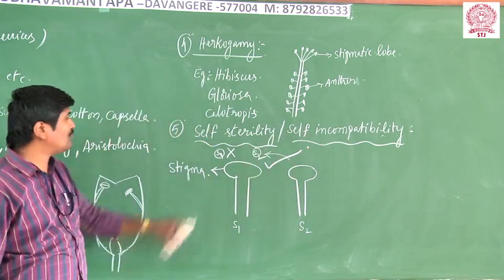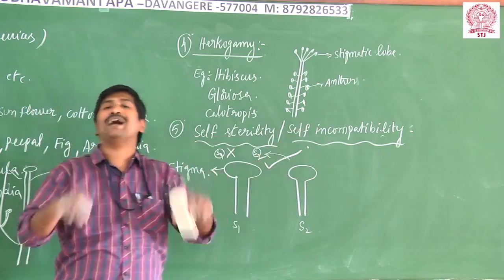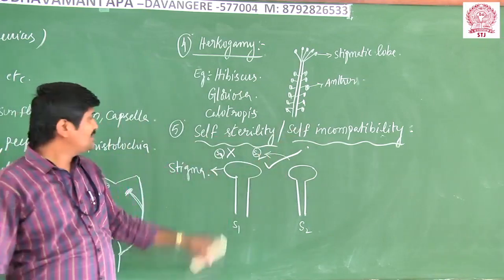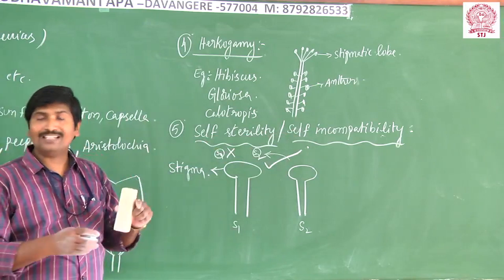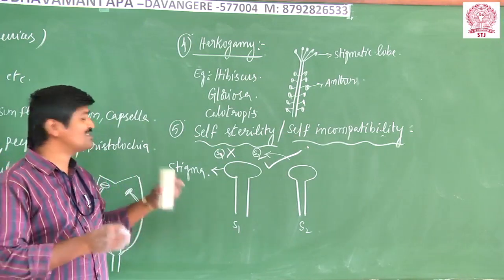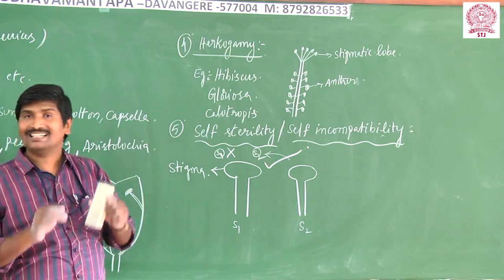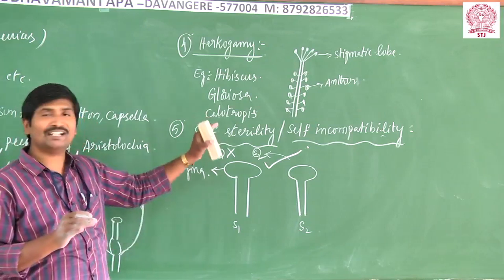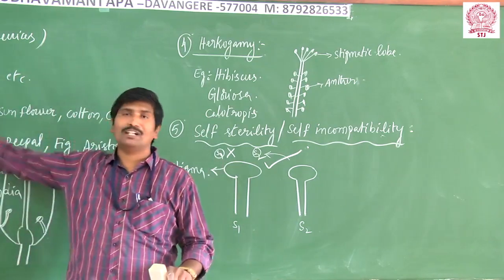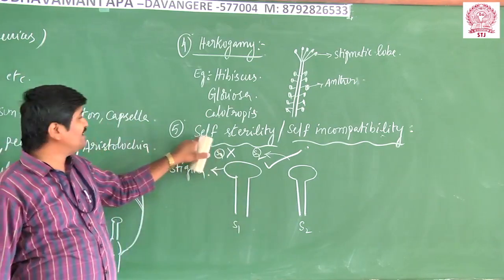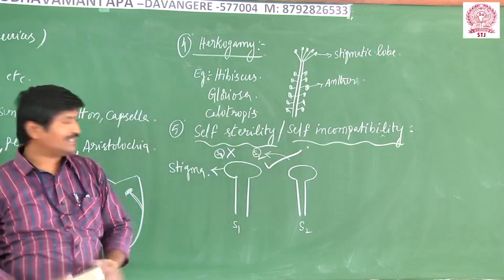That condition is known as self-sterility or self-incompatibility. When the pollen grain came from the same flower, it cannot germinate. That prevents self-pollination and promotes cross-pollination. That is known as self-sterility or self-incompatibility.